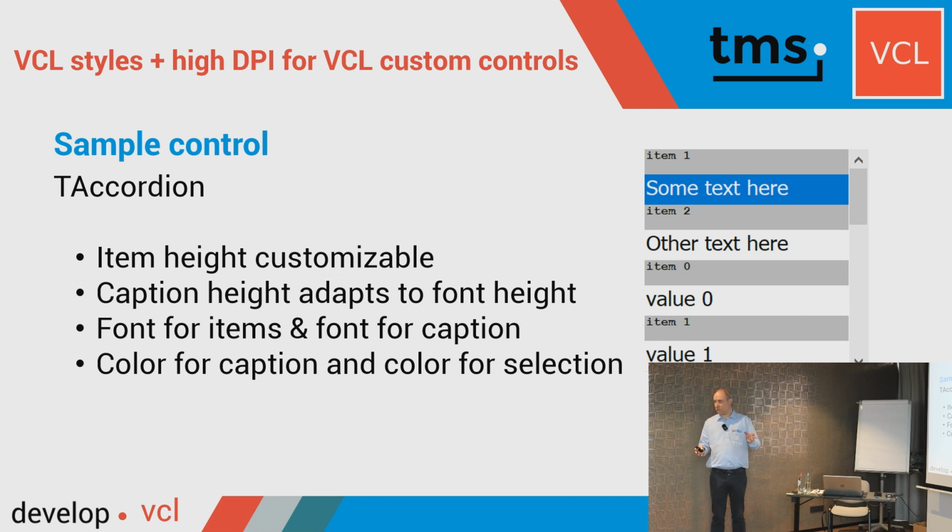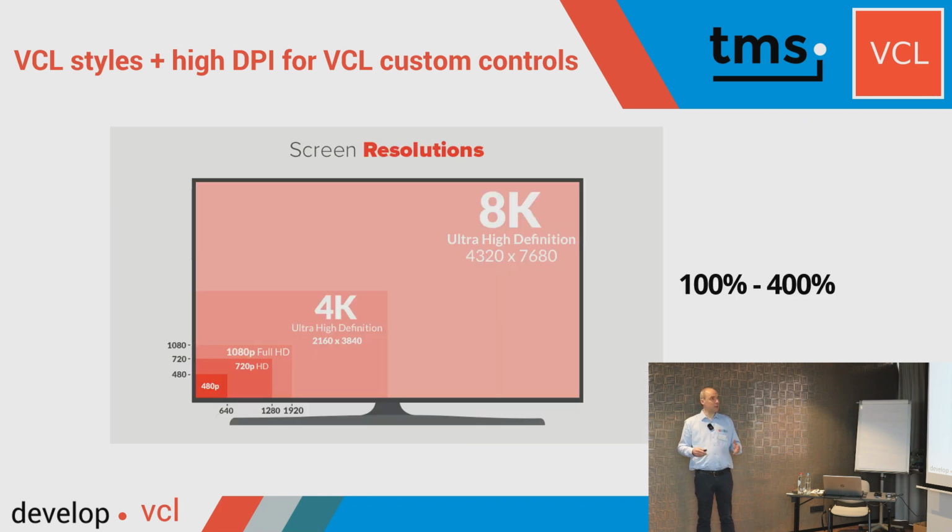We can also use different fonts for the item caption and the item content. And of course, the colors, selection color, and normal state color of the items in our accordion control can change. So, as you can understand, this is where we will do things with regard to high DPI and VCL styles.